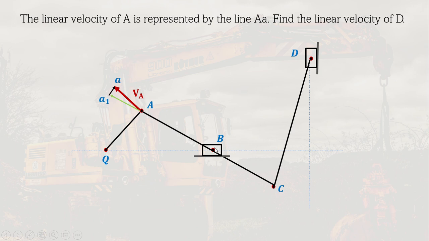Since B is a slider, it's obvious that its direction will always be in this line. So this means that we know the direction of B. We are sure that it will move whether to the left or to the right in this line. So we will use that direction to get its absolute velocity by using this component here, AA1.